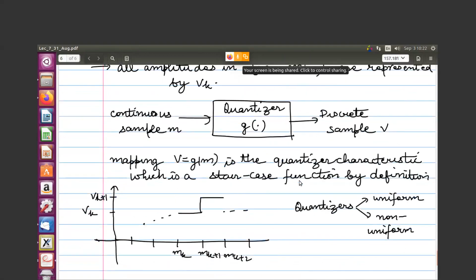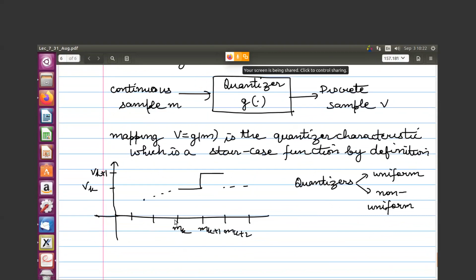Then we came to the concept of quantizer characteristic. Quantizer characteristic means that, if you plot on the x-axis the possible amplitudes or inputs which this quantizer takes, and on the y-axis you plot the possible values of the output it will give, you will find that this is a staircase function. Why staircase?